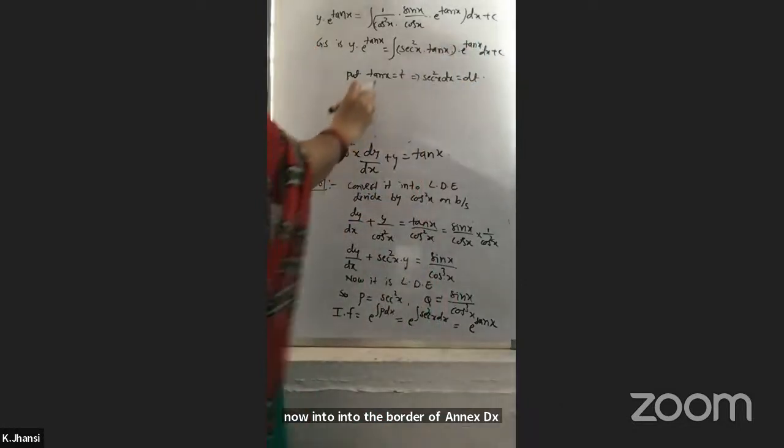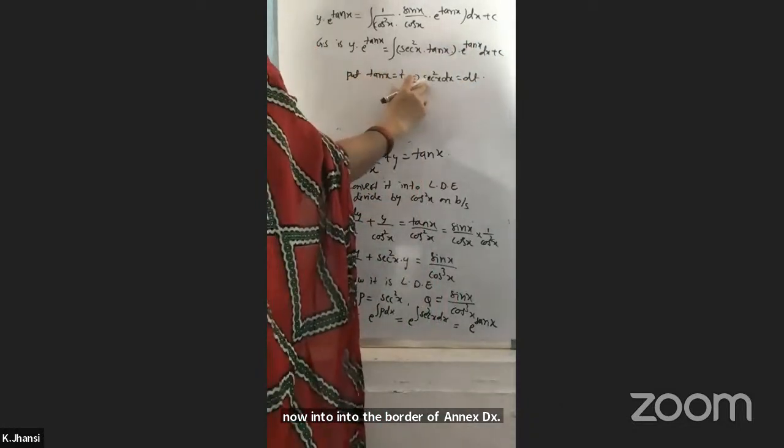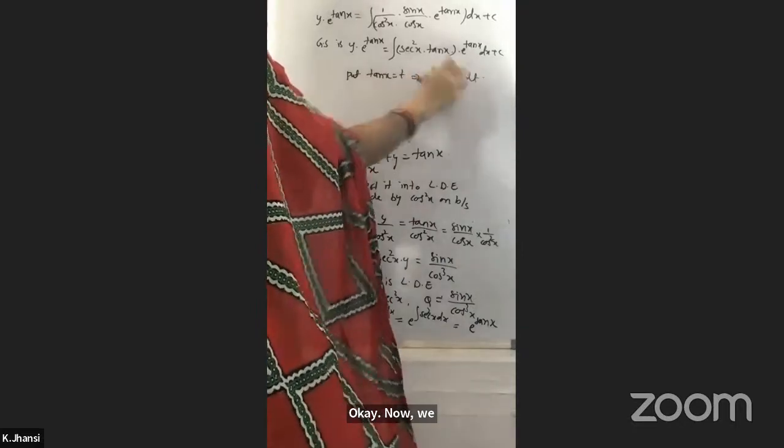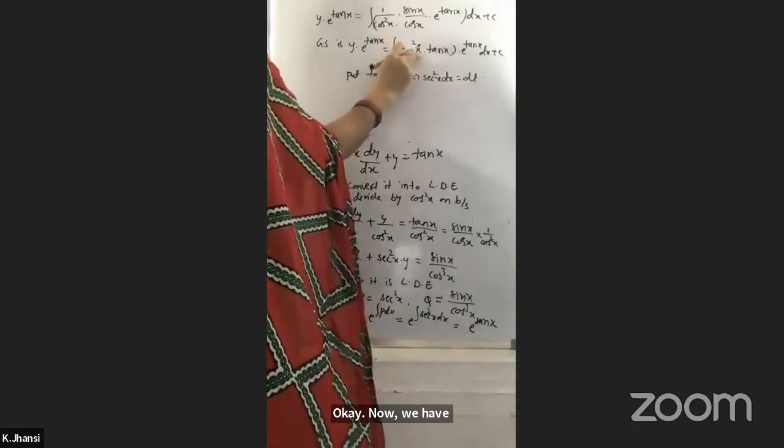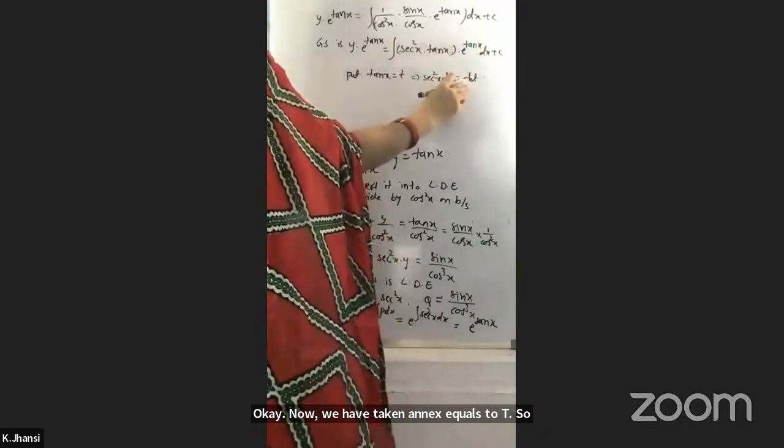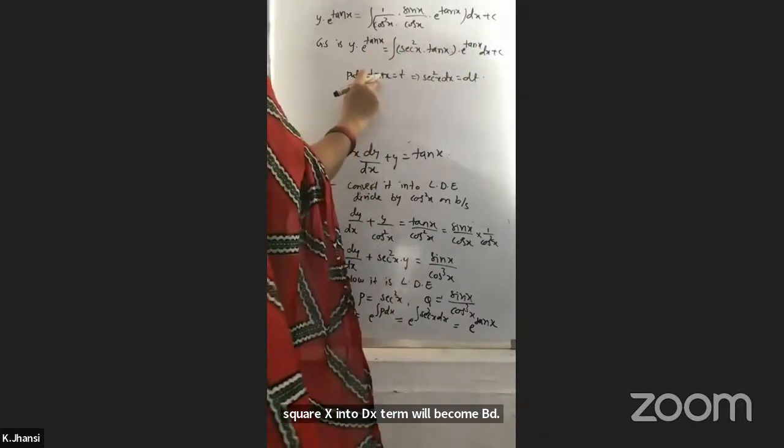Now we have taken tan x equals t, and secant square x dx is equal to dt. So the secant square x into dx term will become dt and tan x will become t.